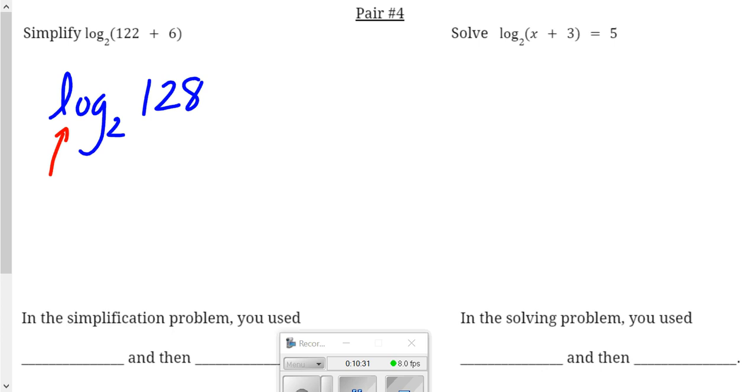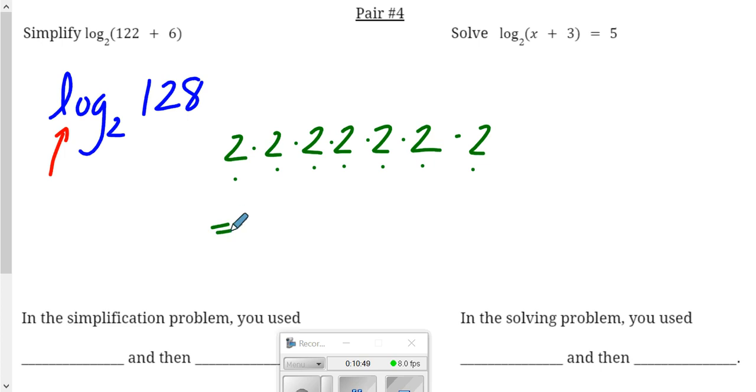And so I could just try some stuff, right? 2 times 2 is 4. Then this would be 8, 16, 32, 64, 128. So 1, 2, 3, 4, 5, 6, 7. So 2 to the 7th is 128.